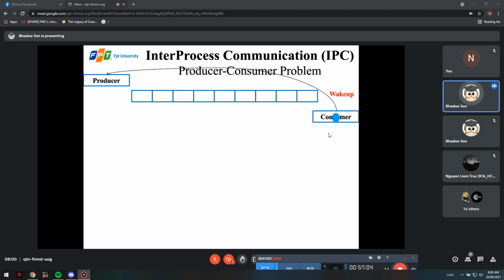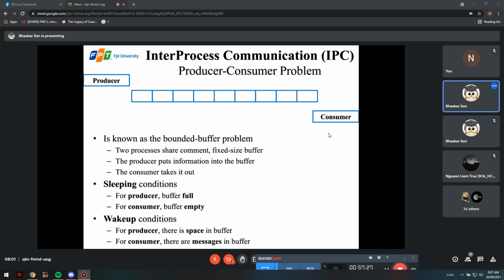A wake-up call doesn't mean that particular process will have to jump in immediately, but it does mean stay prepared, you will be the next one. Clear?